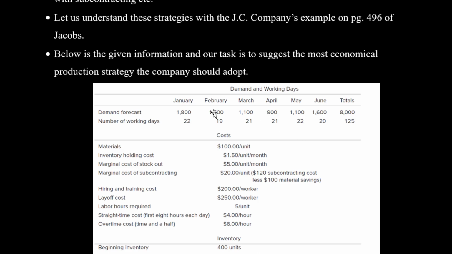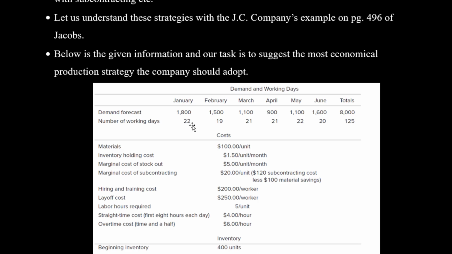The information is given from January to June for 6 months, and the demand forecast is already available in terms of units. For example, January requires 1800, February requires 1500, and June requires 1600. So the total requirement for these 6 months is 8000 units. Also the number of working days are given.